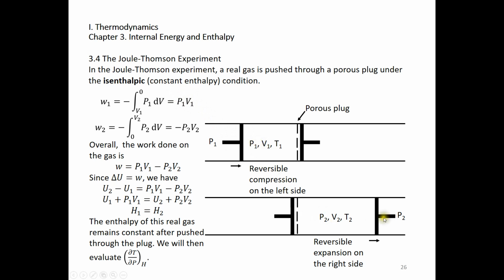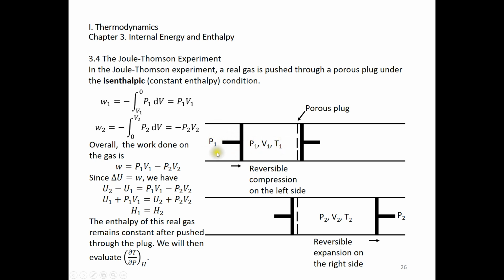Now let's look at the right hand side of the pipe. Well, W2 is also negative integral P external dV. We just make sure this P external is equal to P2, and then we can evaluate this integral. The result is negative P2 V2. Now you may ask, if this P external is equal to P1, how can we compress the gas? Well, how about this?